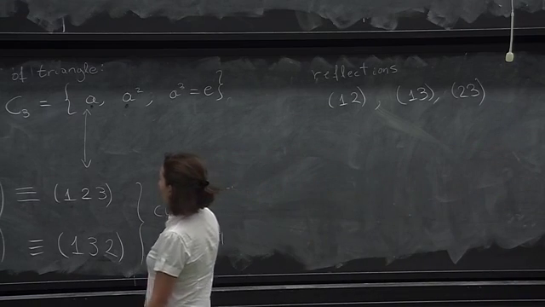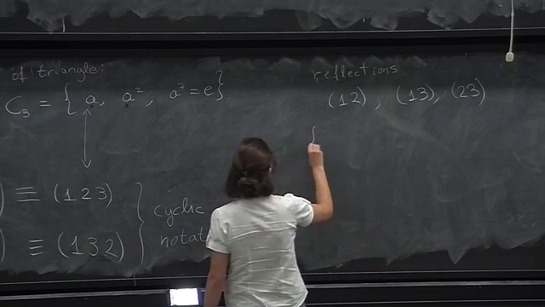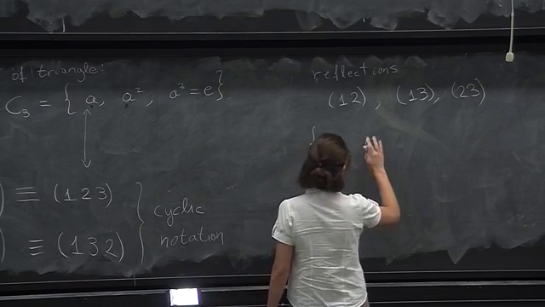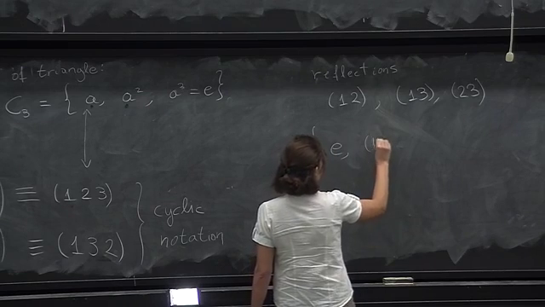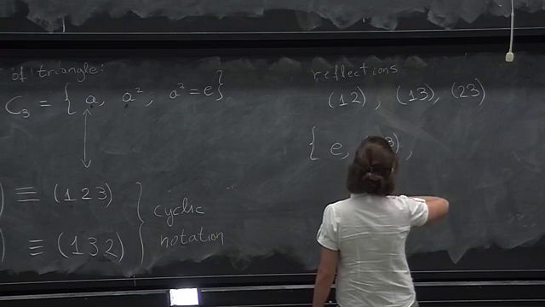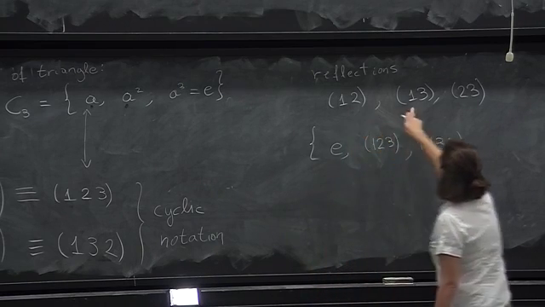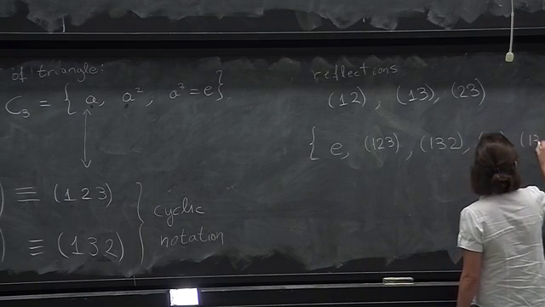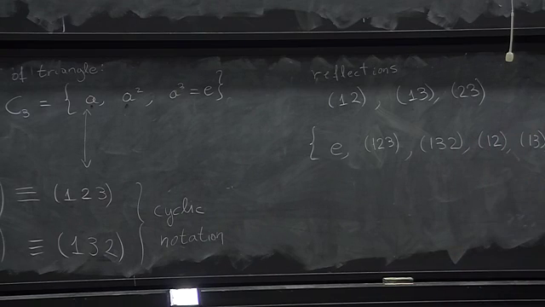So if we combine rotations and reflections, we will have a group that consists of the identity, then the 2 other cyclic permutations, (1 2 3) and (1 3 2), and the 3 reflections, (1 2), (1 3), and (2 3).